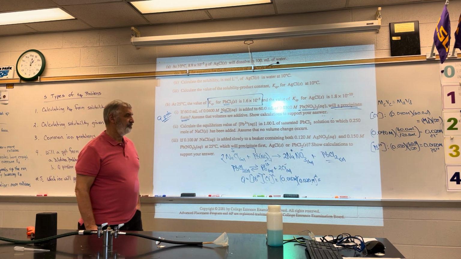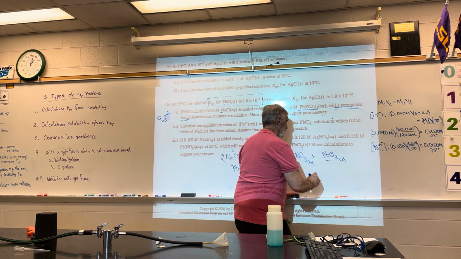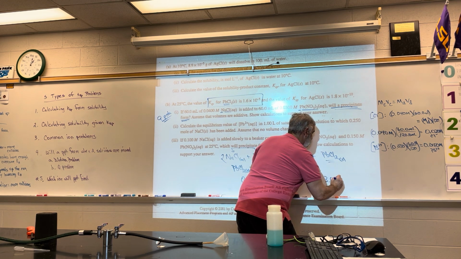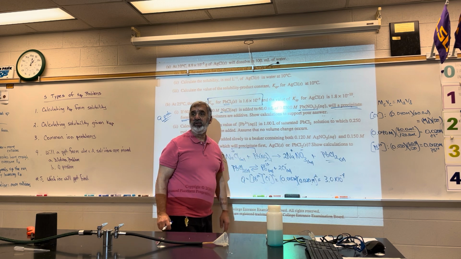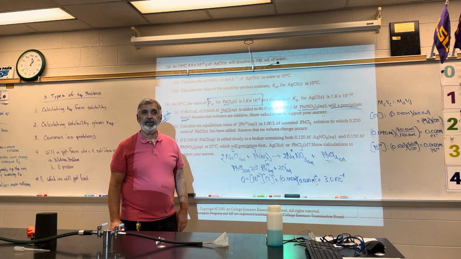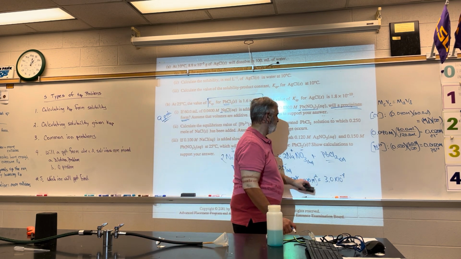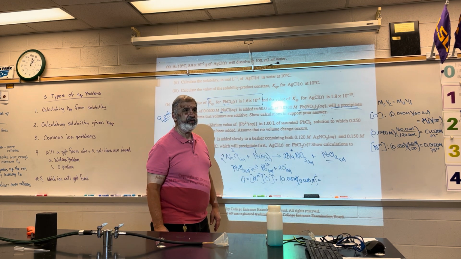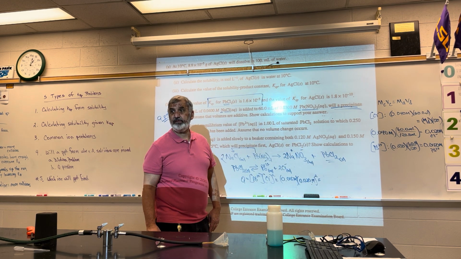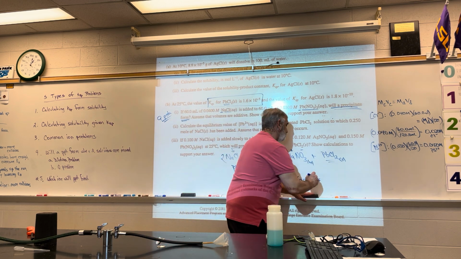Okay, I got 3.0 times 10 to the minus 4th. That doesn't sound like what somebody got. Oh, okay. 6 times 10 to the negative 6. 6 times 10 to the minus 6th.